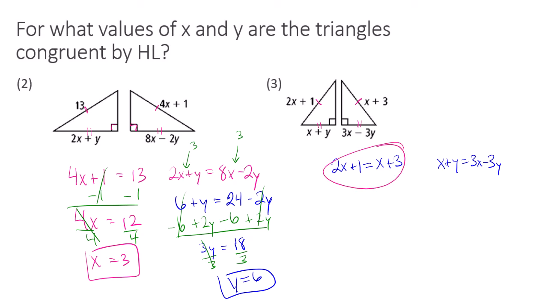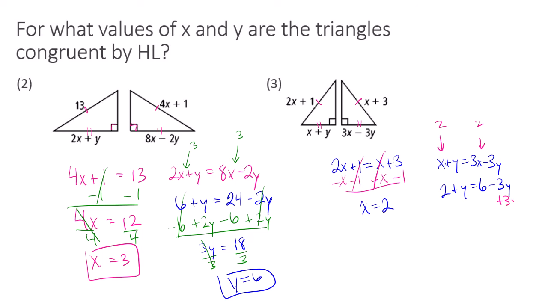All right, so I'm going to solve for this equation first because it only has one variable, once again. So I'm going to take away x from both sides and subtract 1 from both sides. So I'll get x equals 2. I can take that x value 2 and plug it in here and here. So I'll get 2 plus y equals 6 minus 3y.